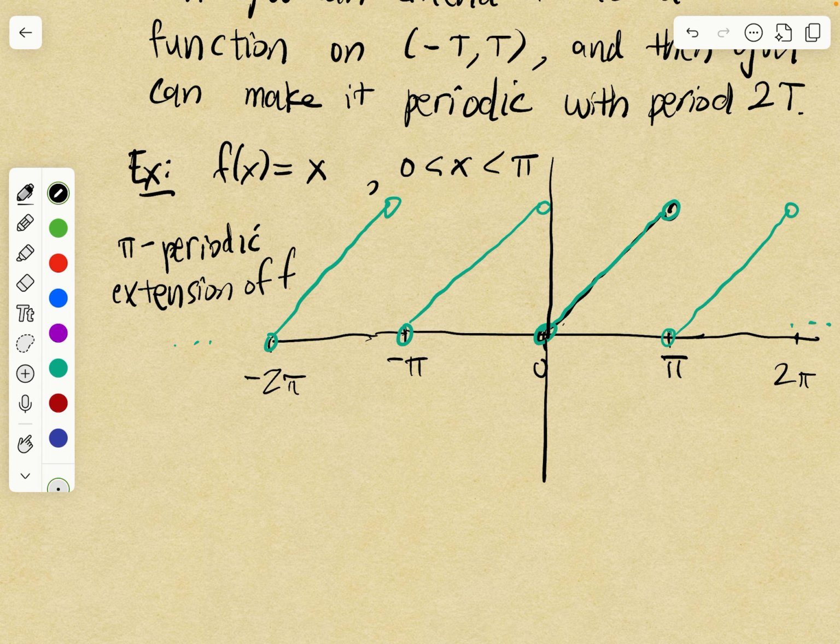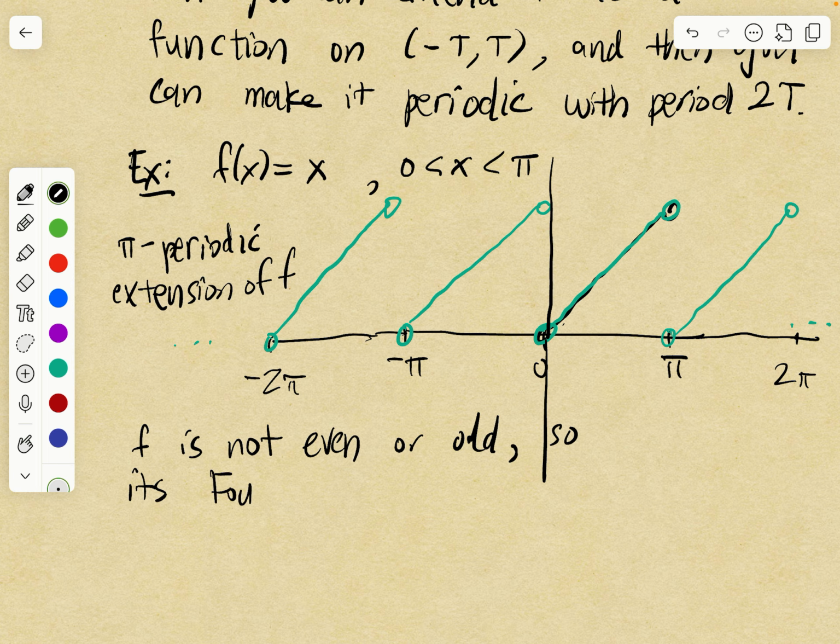So it's neither odd nor even, right? So this function does have a Fourier series, and the Fourier series will involve sine and cosine.